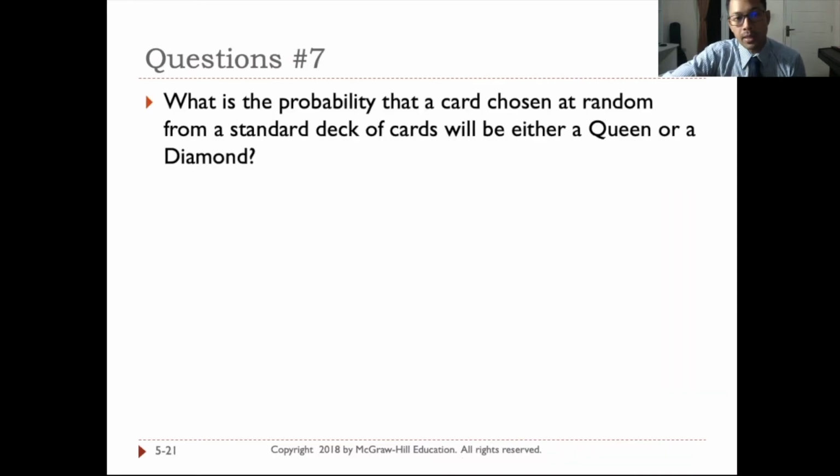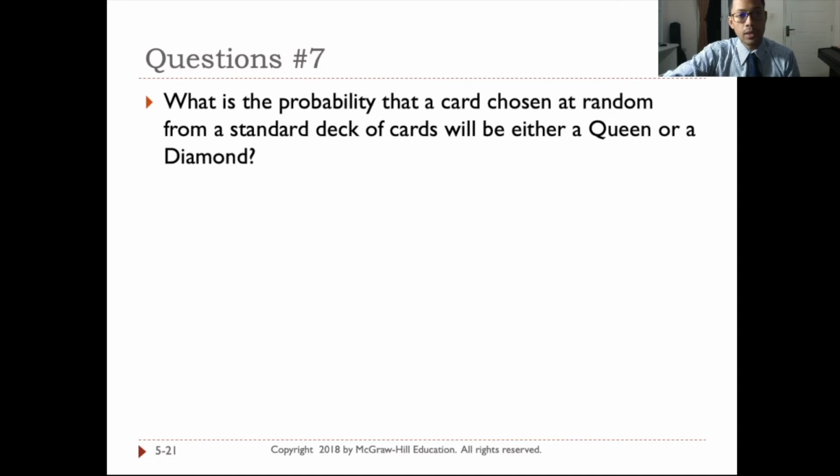So what is the probability that a card chosen at random from a standard deck of cards will be either a queen or a diamond? Suppose you have a deck with a total of 52 cards. First you have to calculate the probability of a queen. There are 4 possible queens, so the probability of choosing a queen is 4 over 52. And what's the probability of choosing a diamond? It will be 13 out of 52.